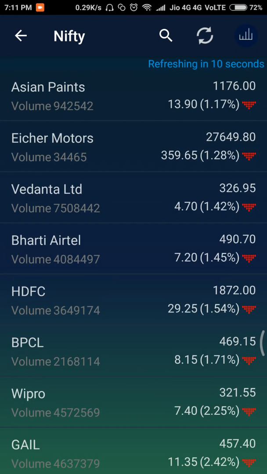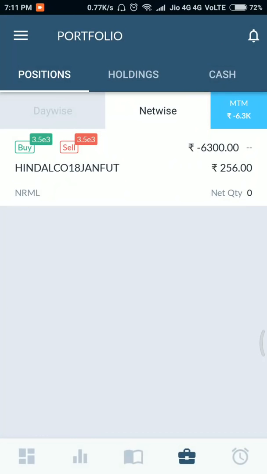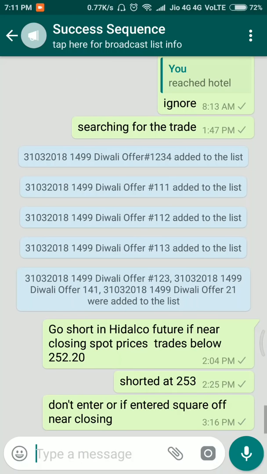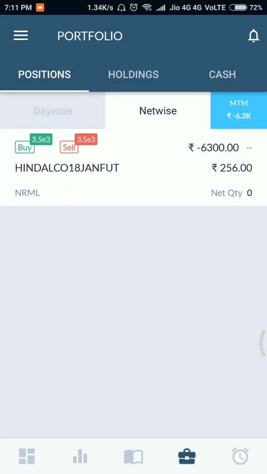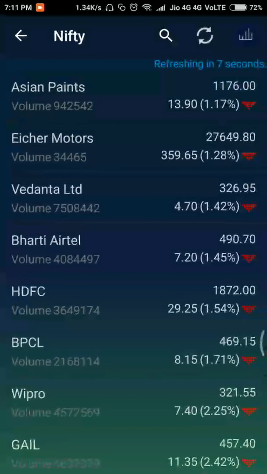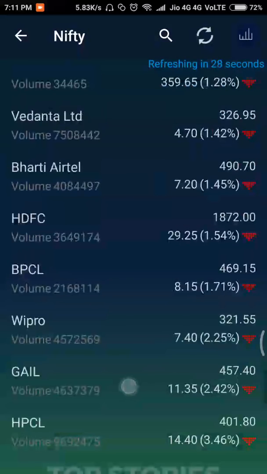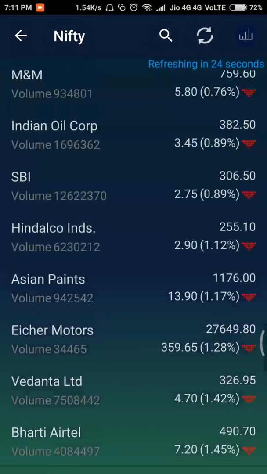Considering this, my subscribers also shorted it, though I specifically mentioned that they should short the Hindalco future only if the spot price closes below 252.20. They also must have made some losses. Now this is the kind of thing that happens with the market each and every time.